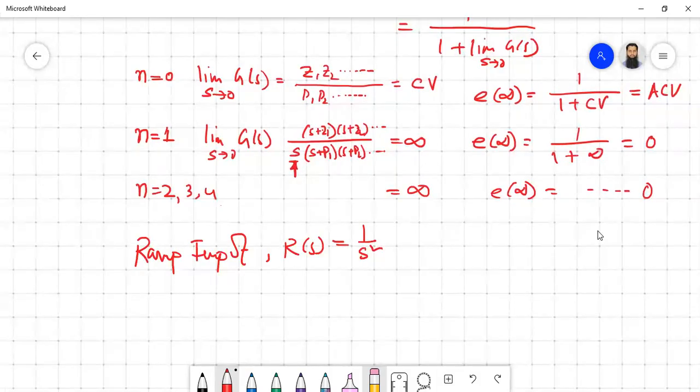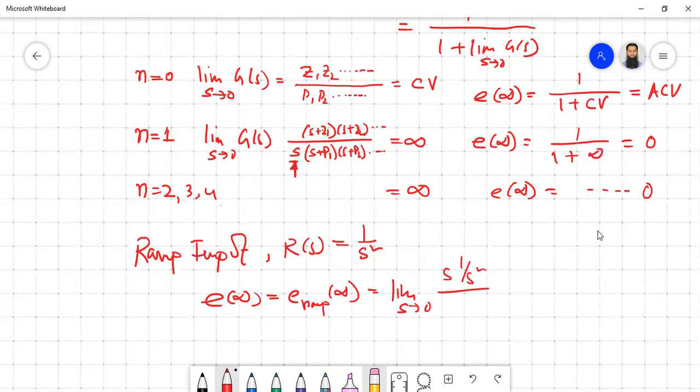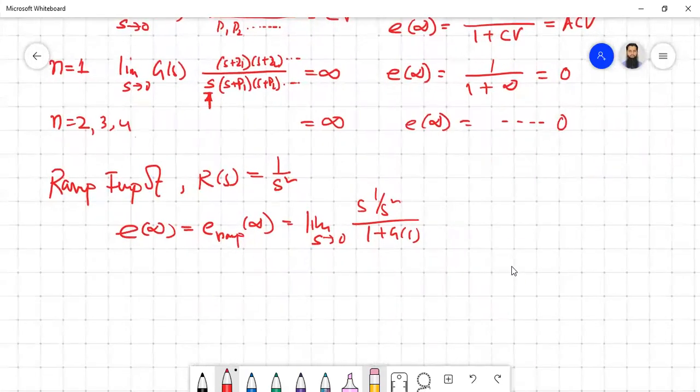So our steady state error is e_ramp(infinity) equal to limit s tends to 0 of s into 1 by s squared, over 1 plus G(s). One s is getting cancelled out, another goes downwards.